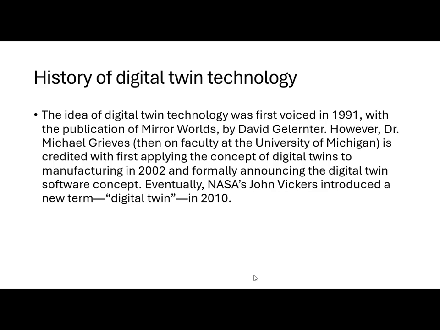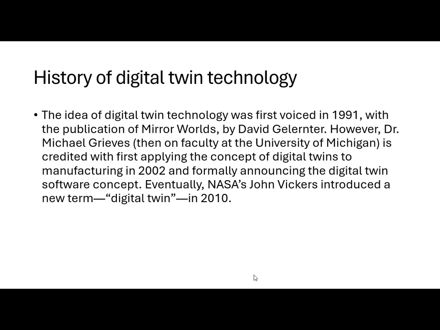History of digital twin technology. The idea of digital twin technology was first voiced in 1991 with the publication of a beautiful book called Mirror Worlds by David Gelernter. However, Dr. Michael Grieves, then faculty at the University of Michigan, is credited with first applying the concept of digital twins to manufacturing in 2002 and formally announcing the digital twin software concept.